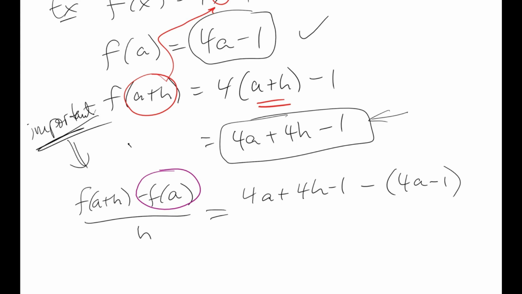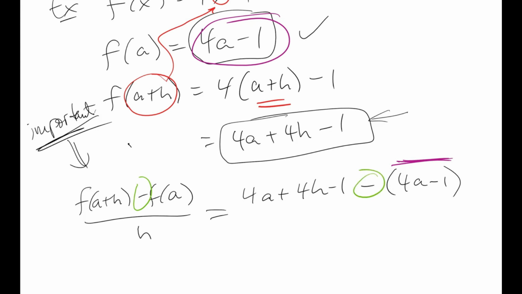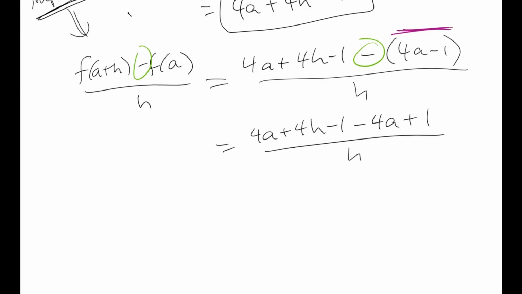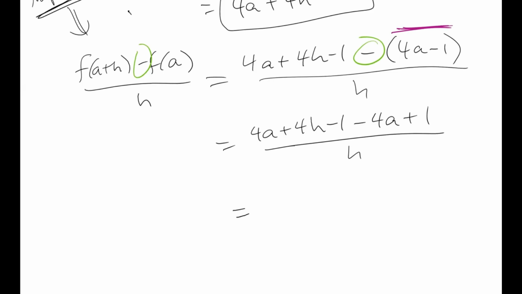The minus here is this minus here. All right, so we divide by h. And now we get 4a plus 4h minus 1 minus 4a plus 1, all over h. And now the 4a's cancel, the 1's cancel, so we get 4h over h, which is just 4. And there we go.